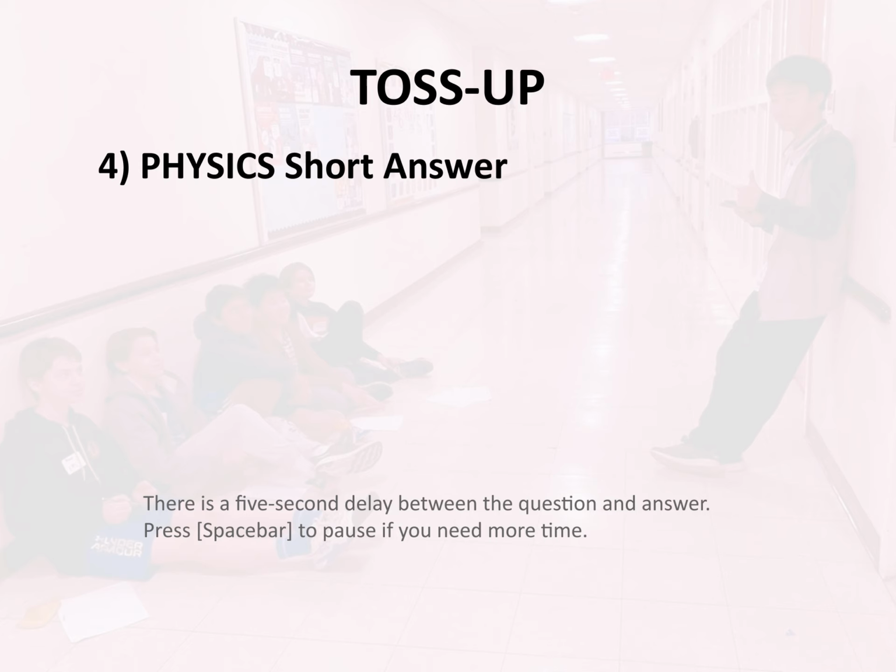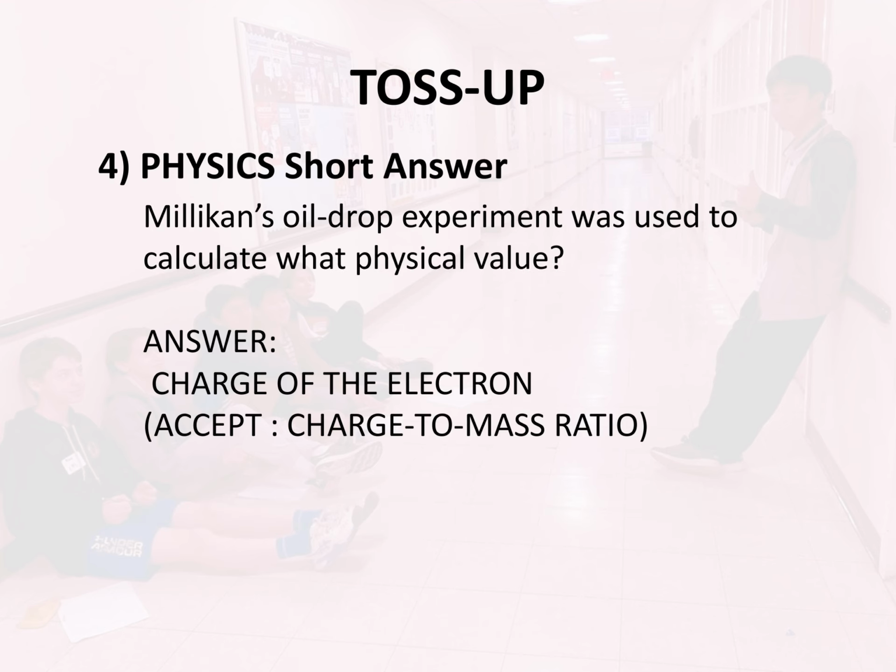Toss-up 4. Physics. Short answer. Millikan's oil drop experiment was used to calculate what physical value? Answer: Charge of the electron.